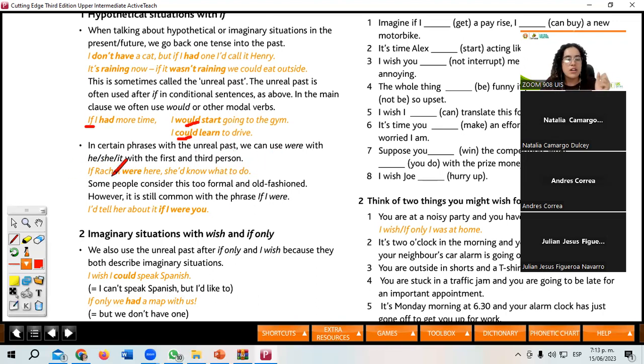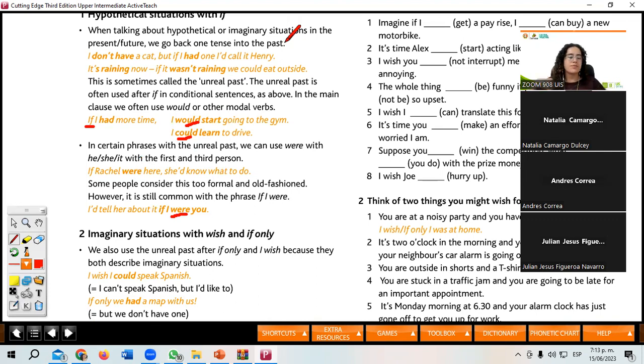Normalmente, ¿no? Rachel was. Cuando vean were, entonces no es que esté mal, no es incorrecto. Entonces, es una posibilidad, pero no lo vamos a escuchar tanto en el día a día porque se considera muy formal o anticuado, ¿ok? ¿Cuál sí es común? El de con yo, ¿ok?